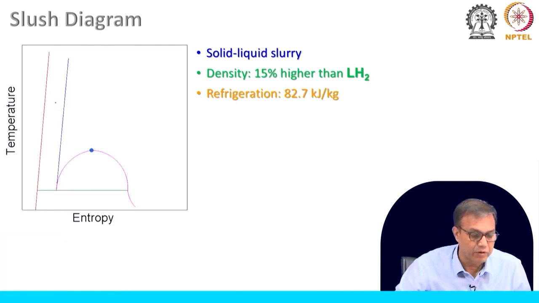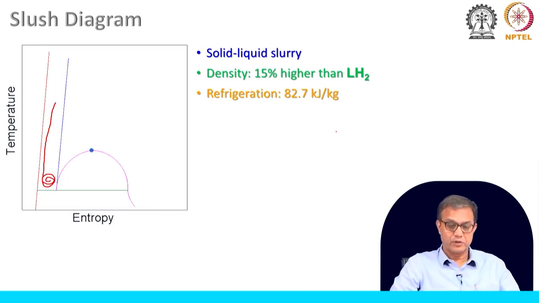We have talked about it, that this is where the solid-liquid part would be, and this solid-liquid slurry is basically what we are looking for, having higher density and additional refrigeration.